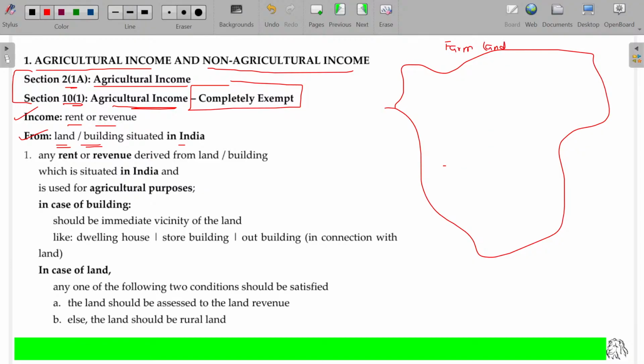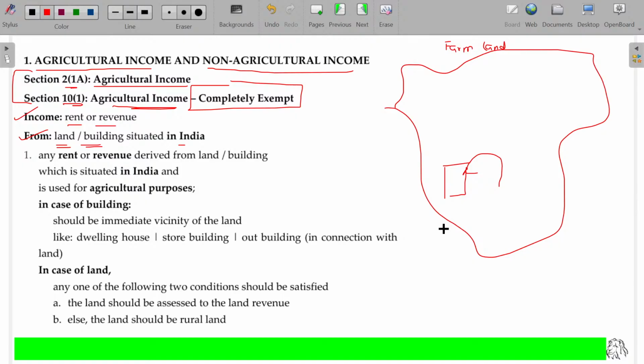In the farmland there may be a building as an outhouse where farm laborers may stay, and sometimes the building may be used to store the processed or grown agricultural produce. Then if they let out this entire agricultural property for agricultural purpose, let out this building for agricultural purpose, then that rental income is also considered agricultural income.